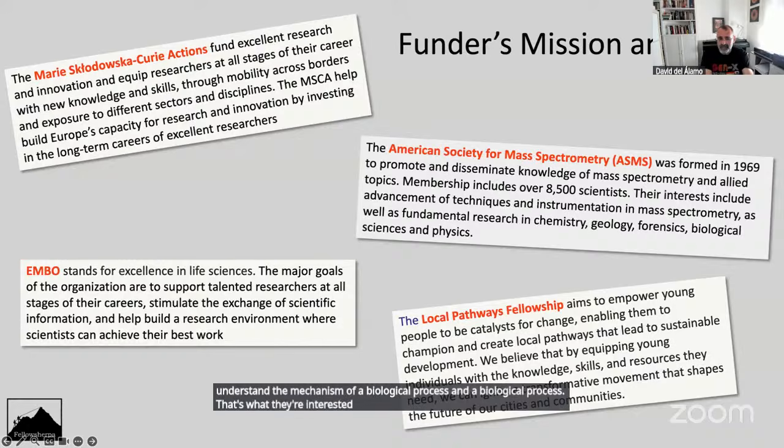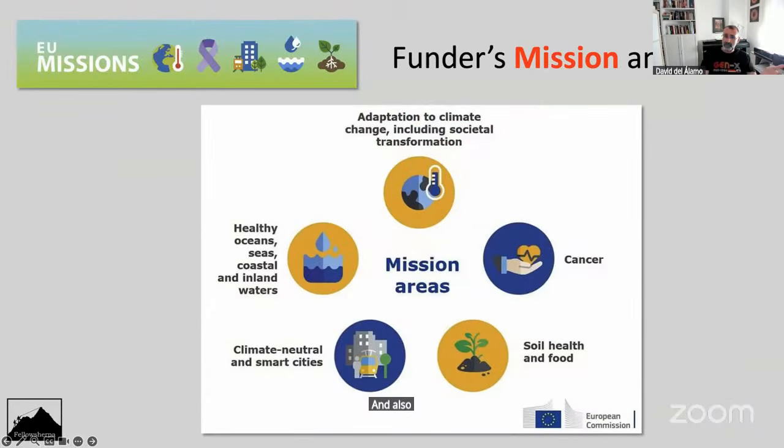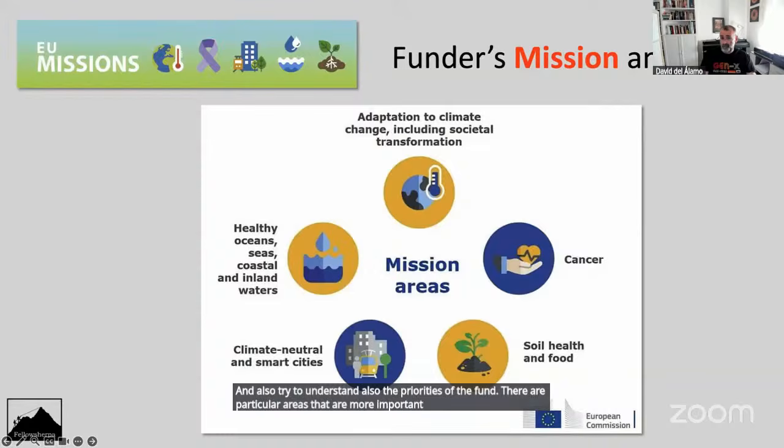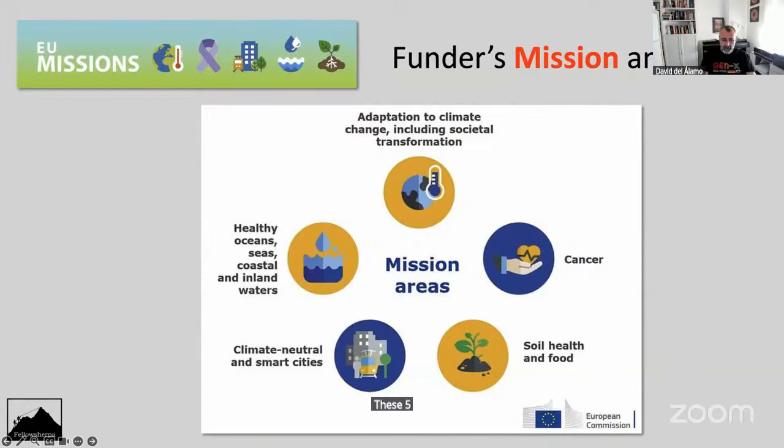So these are the type of things you need to understand, and also try to understand the priorities of the fund. There are particular areas that are more important for some funders. For example, this is from the European Commission, there are these 5 areas in the current funding framework. These 5 areas are important for them.